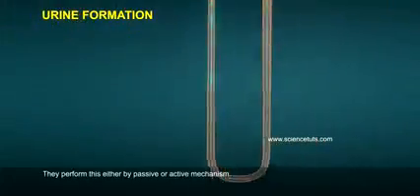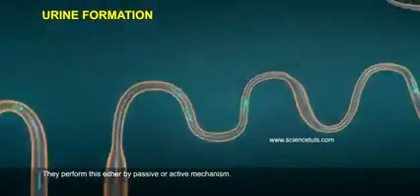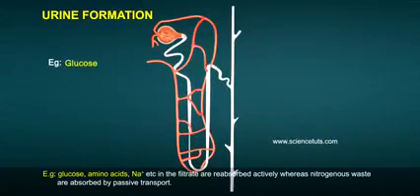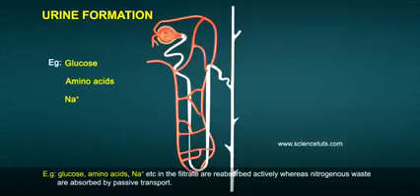They perform this either by passive or active mechanism. For example, glucose, amino acids, Na+, etc. in the filtrate are reabsorbed actively, whereas nitrogenous wastes are absorbed by passive transport.